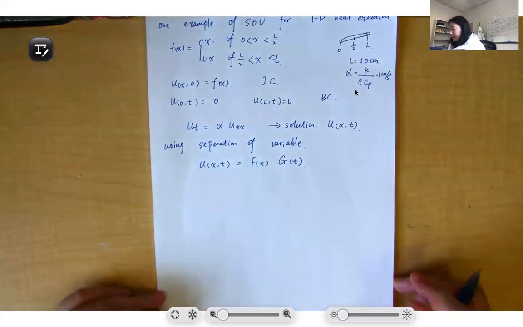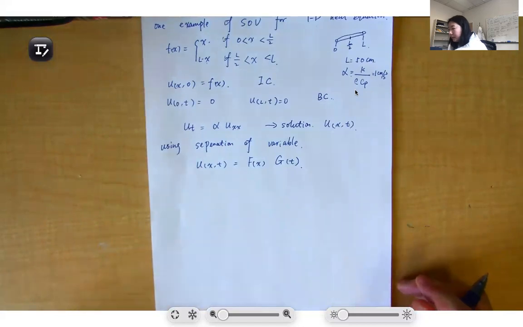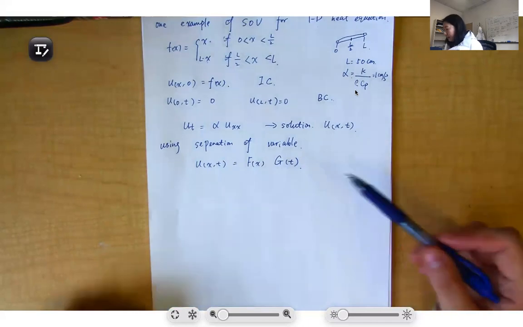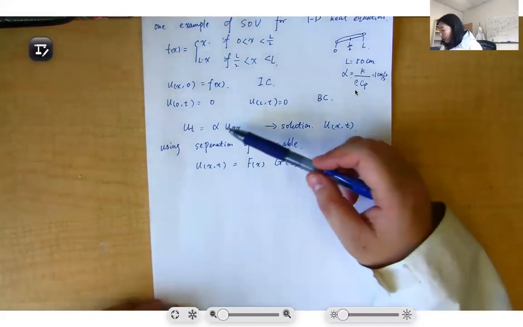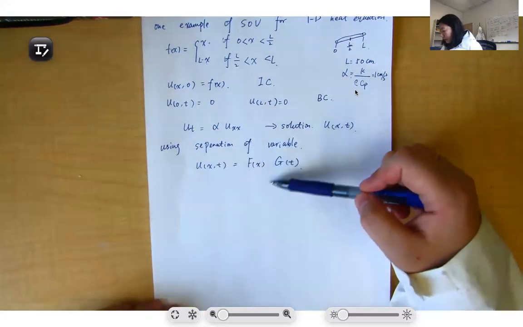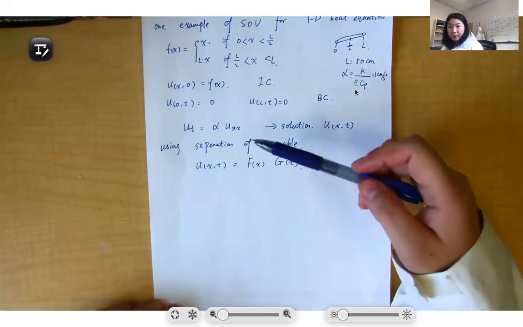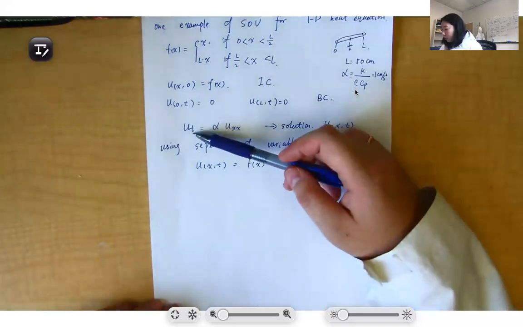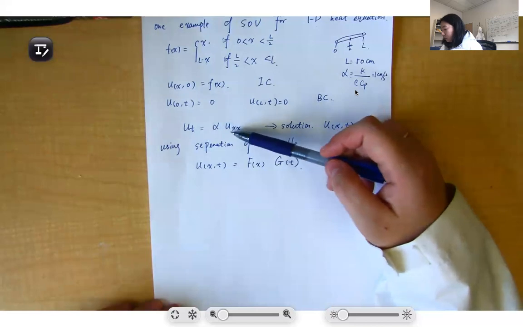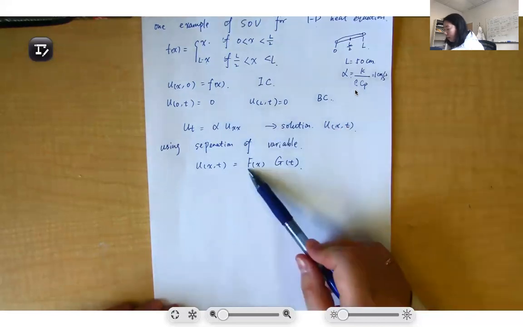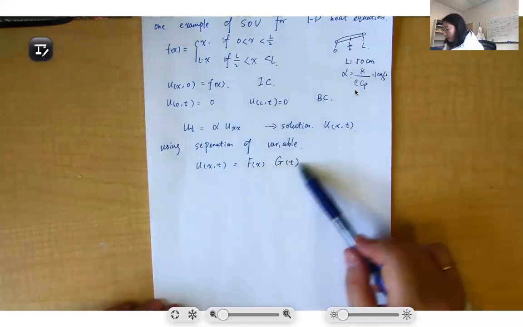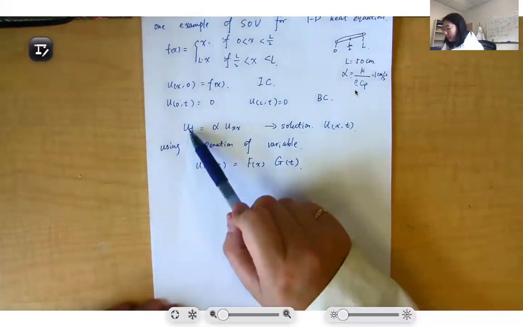We want to use this separation of variables to represent our u_t and our u_xx.